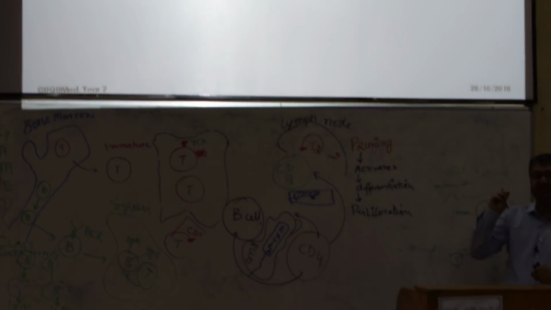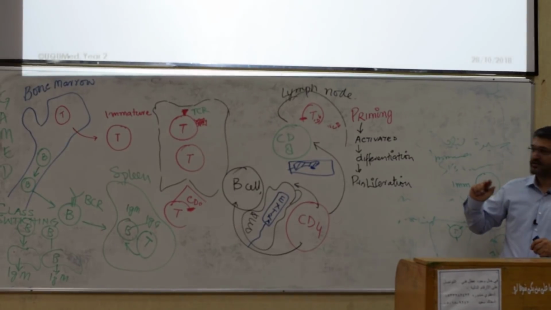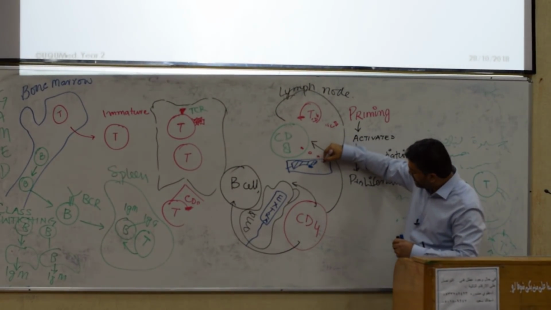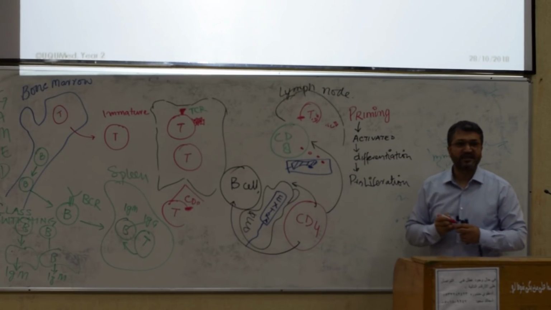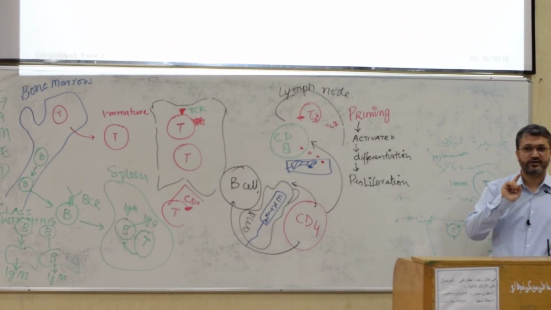Number 1, they come close to each other, and this CD8 cell is going to release certain special enzymes that are called as perforins. And the word perforin means perforate or make holes.